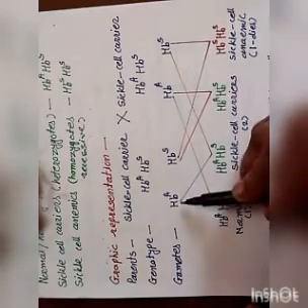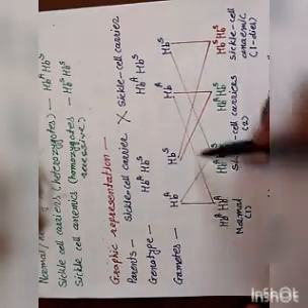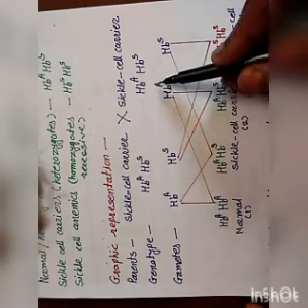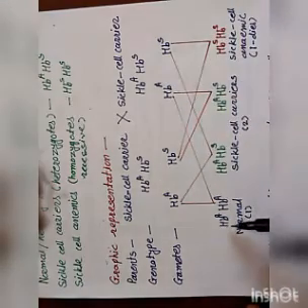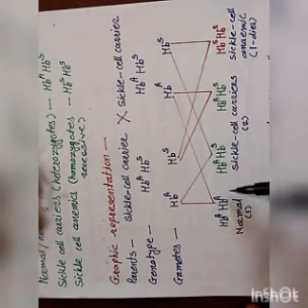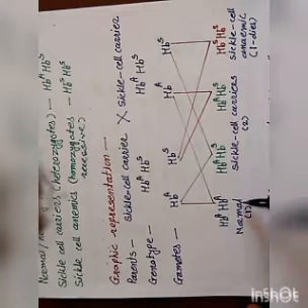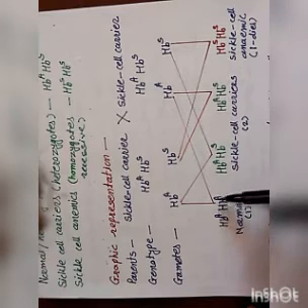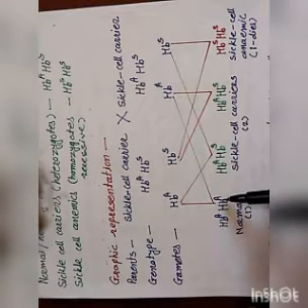When this HBA gene unites with this HBA gene, then the offspring with HBA HBA genes is formed and it is normal, because in this case both genes, which are dominant genes, are present and these both dominant genes play an important role in the maintenance of shape of RBCs.